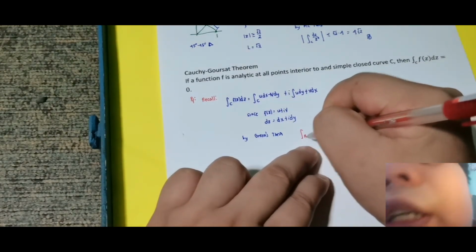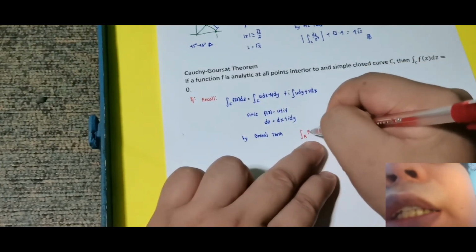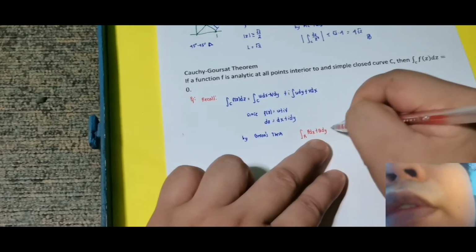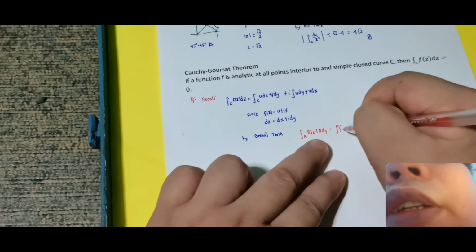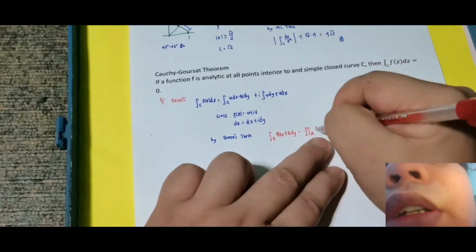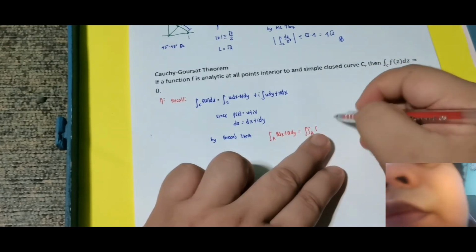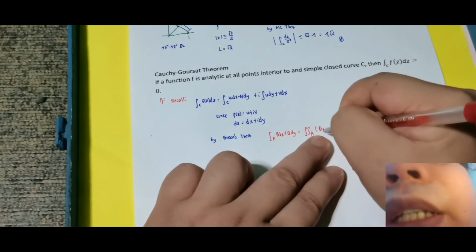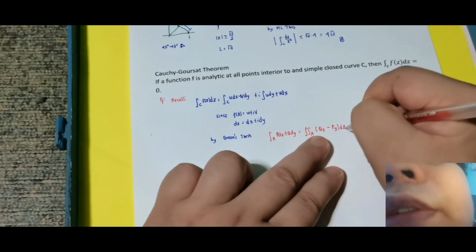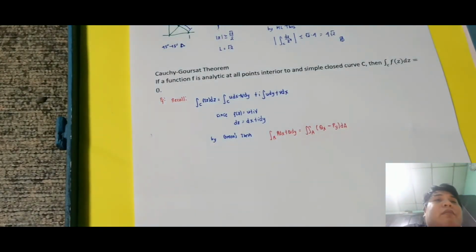Integral along R ng p dx plus q dy is equal to the double integral along the surface A nung partial of q with respect sa x minus partial of p with respect sa y, then dA. Alam ko ganun yung mangyayari.